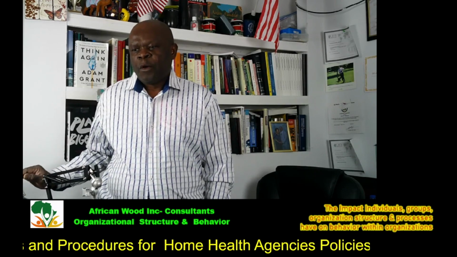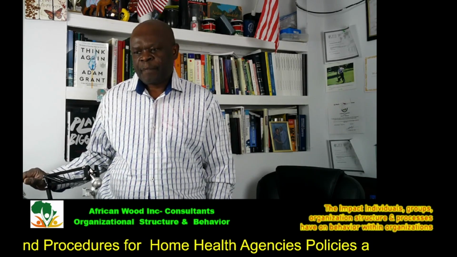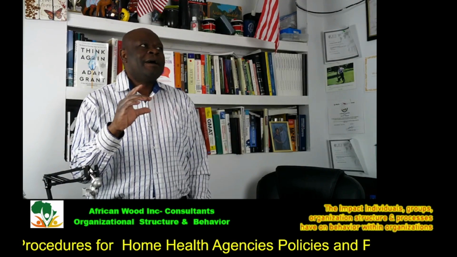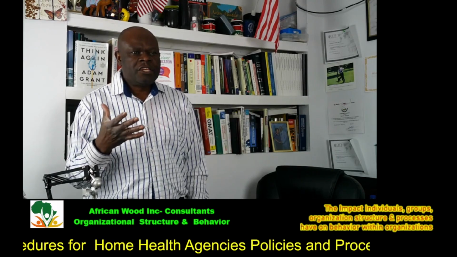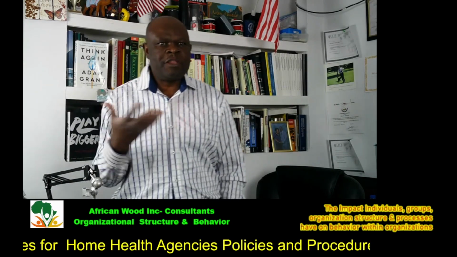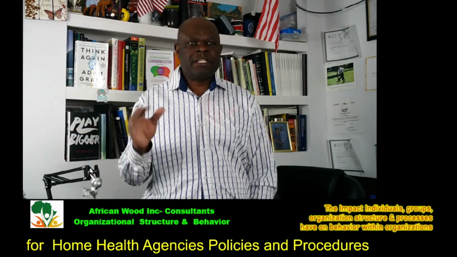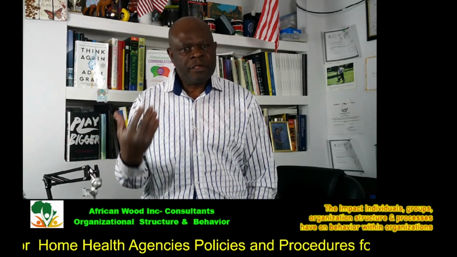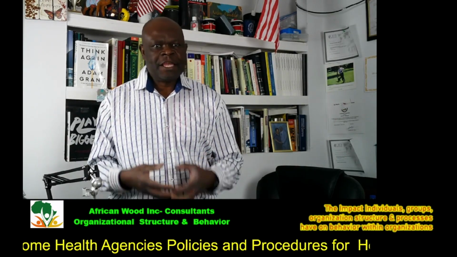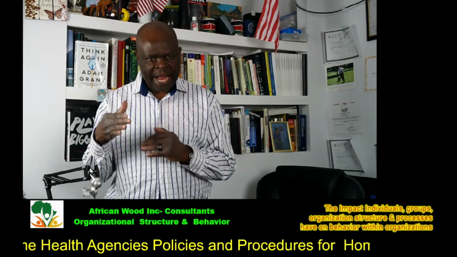Moving on, we find that home health is a professional service, and you must have some service limitations. If you have all the professional personnel to do everything, no problem. But at least have a policy that says, this is what I can do.